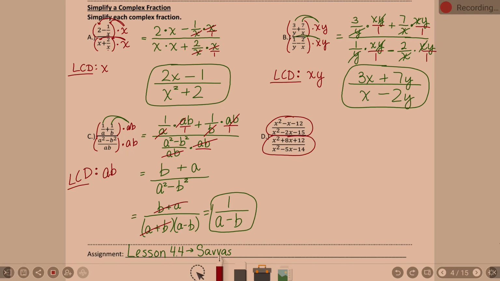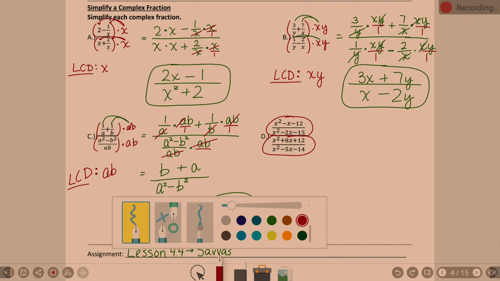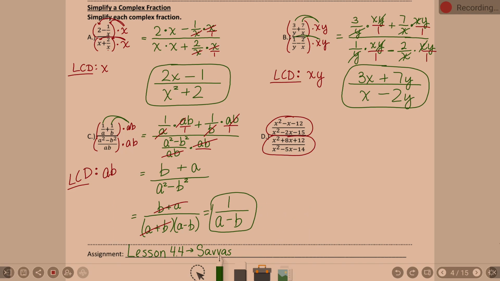So the idea here is, think about this. If I have one fraction, x squared minus x minus 12 over x squared minus 2x minus 15, we're dividing fractions. So now it's divided by x squared plus 8x plus 12 over x squared minus 5x minus 14.